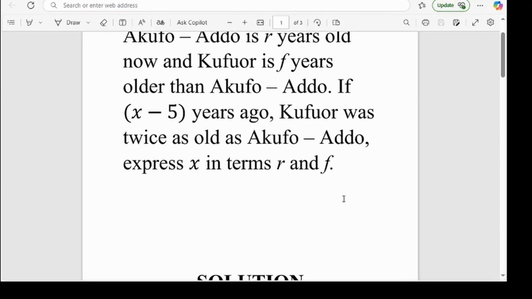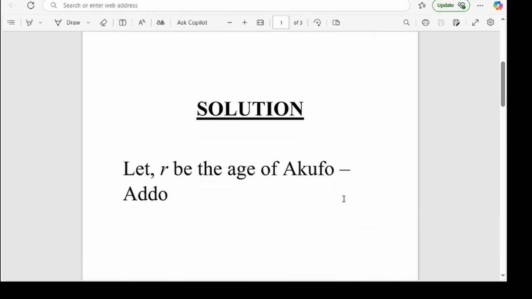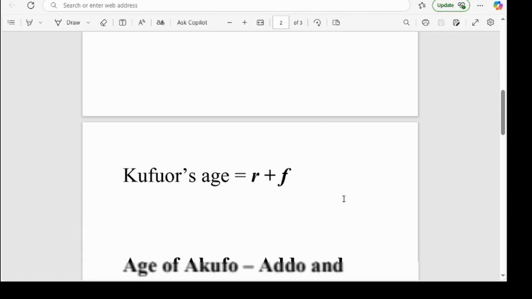So this is a practical mathematical age problem, right? First and foremost, you form an equation from the age problem by identifying the key details in the problem. So let R be the age of Akufo-Addo.